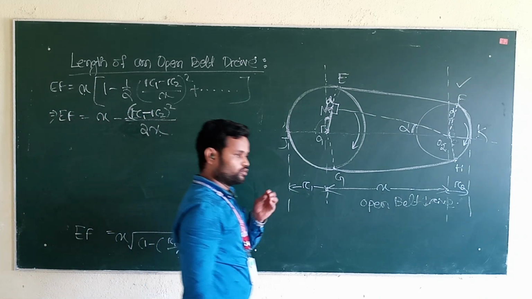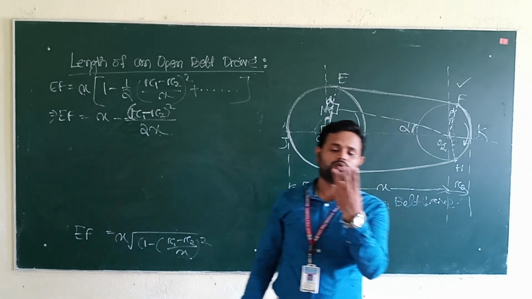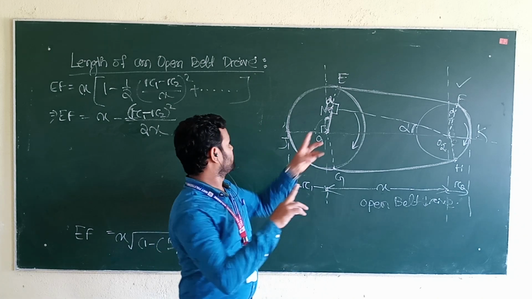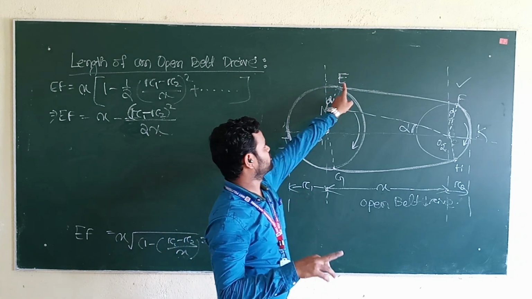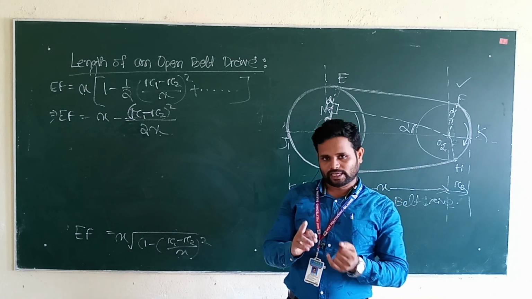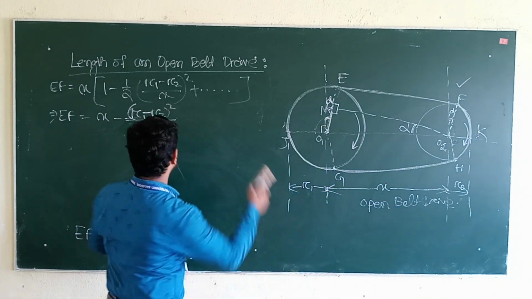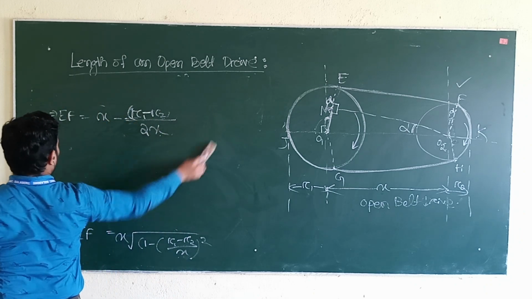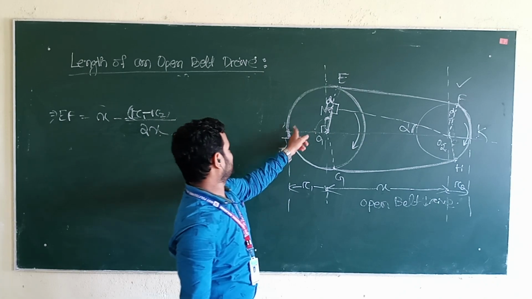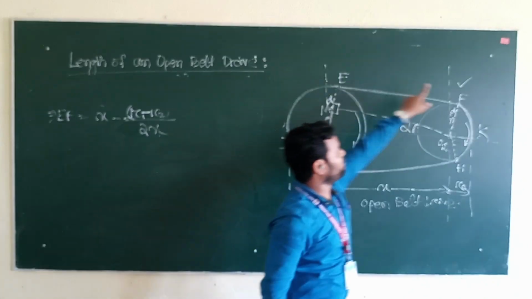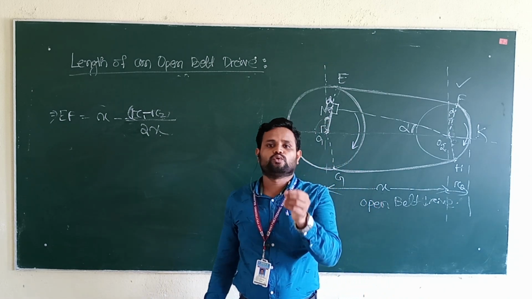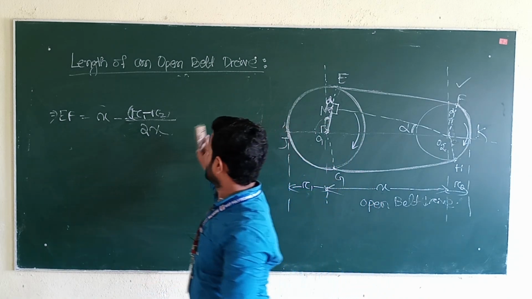So now we have already calculated the three values: RJE, EF and RFK. Putting the values of RJE, EF, RFK in equation 1, we get. What is equation 1?